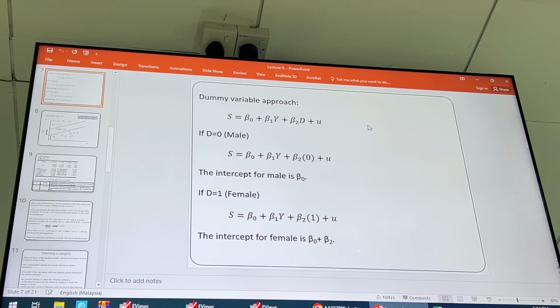For example, you have 2 groups, so whether all these respondents are working in the government sector or private. So you have 2 categories.